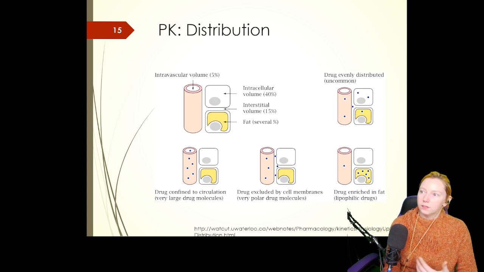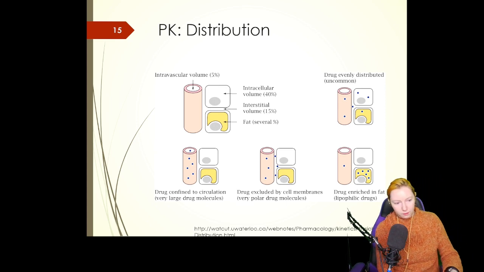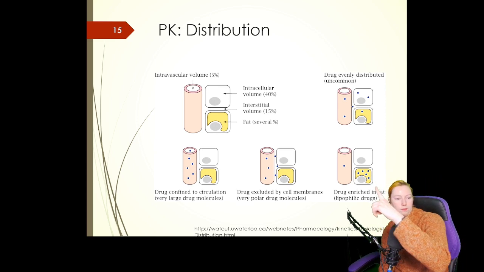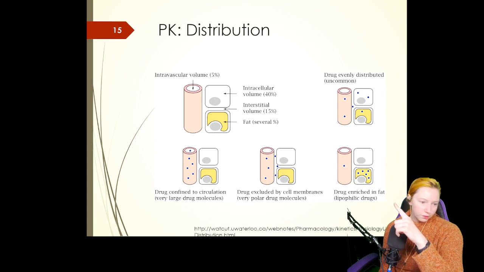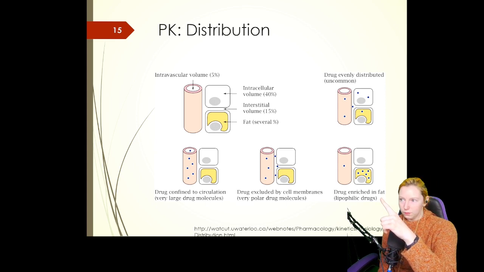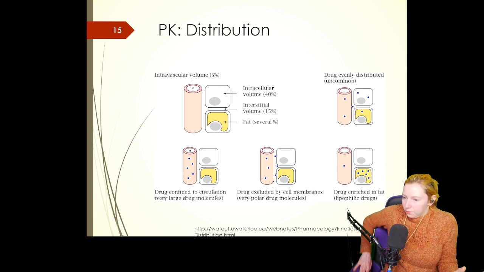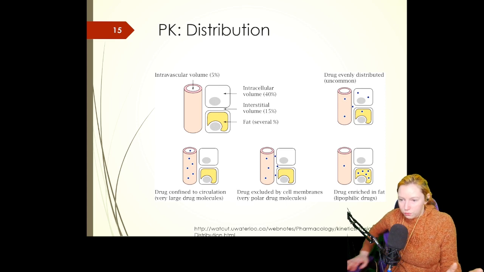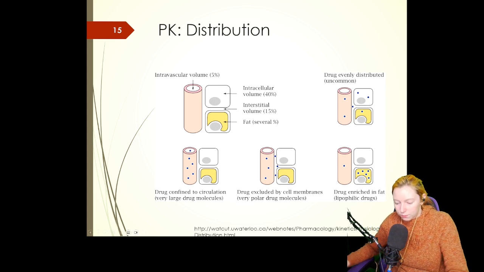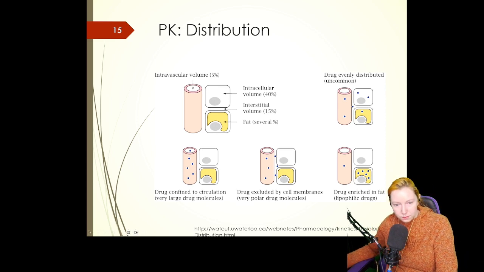We have drugs that are fat-loving or lipophilic, so the one closest to me right here. These lipophilic drugs are going to distribute into the fat cells and can accumulate there, right? So different drug properties will change how the drug is able to distribute into different spaces within the body.